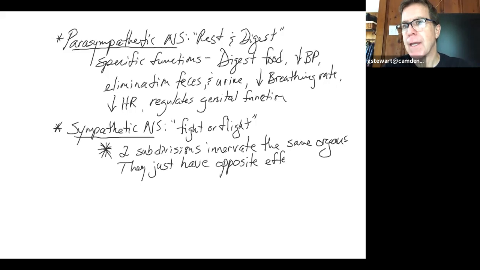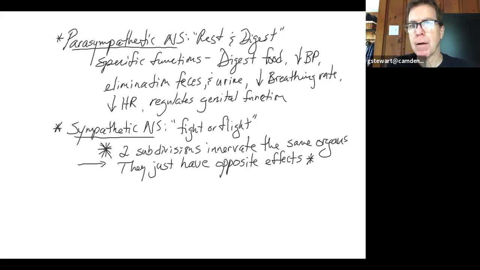We're going to look at the anatomy of where the nerves come from and where they go and how they're arranged in a minute. But this is important to always remember. The parasympathetic and sympathetic divisions innervate, meaning the nerves go from the central nervous system to, basically the same group of organs in the human body, and they just have pretty much opposite effects.